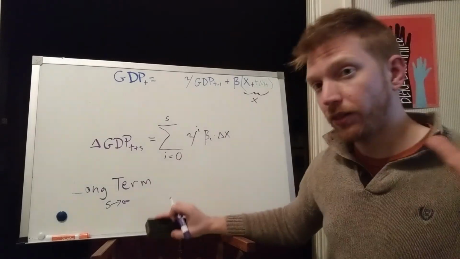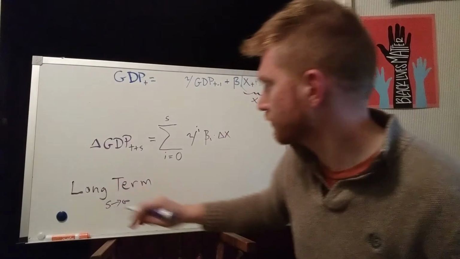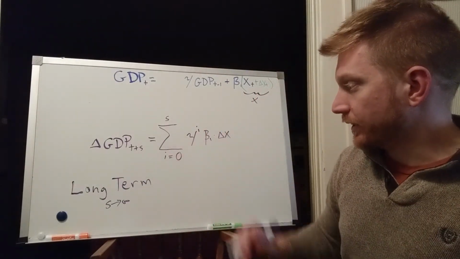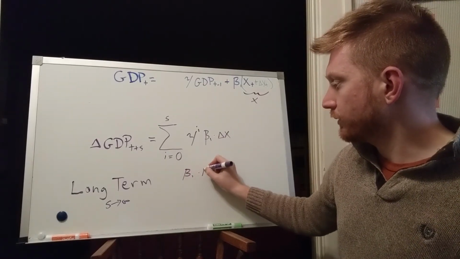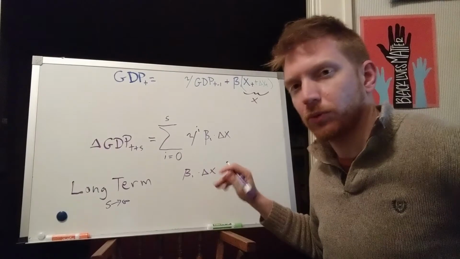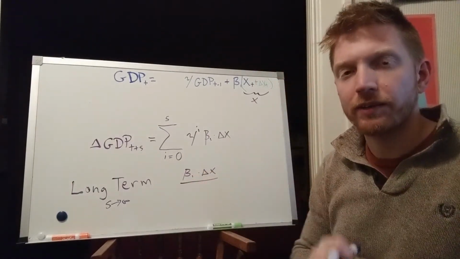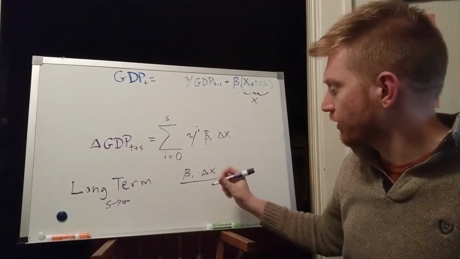What is the new place that we are getting to? And it turns out mathematically this infinite sum is just going to be beta 1 times our change in x, which typically we think of as just being 1. What's the impact of a 1 unit change in x? But in our example, I think we did a 5 unit change.